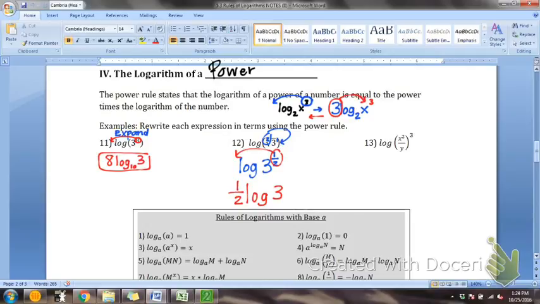All right. Okay. Now, number 13 is a little bit tricky. Do you agree that this 3 on the outside is going to both the top and the bottom, right? So I'm not going to distribute it to top and bottom. The first thing that I'm going to do is take the 3 and move it out front. So I have 3 log of x squared over y.